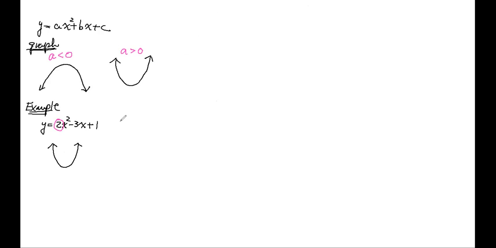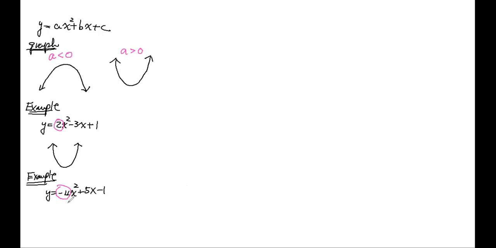The same way, if you have negative 4x squared plus 5x minus 1, then you immediately see, oh, this is the coefficient in front of x squared.